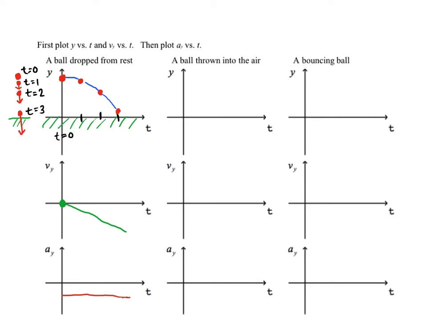All right, now what we'd like to do is throw our ball into the air. Now for a motion map of throwing the ball, somebody's got to supply the energy to the ball to get it to go in the upward direction. And we want a motion map that looks like this.